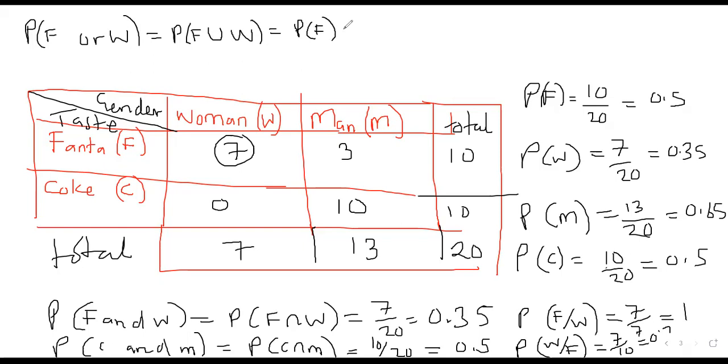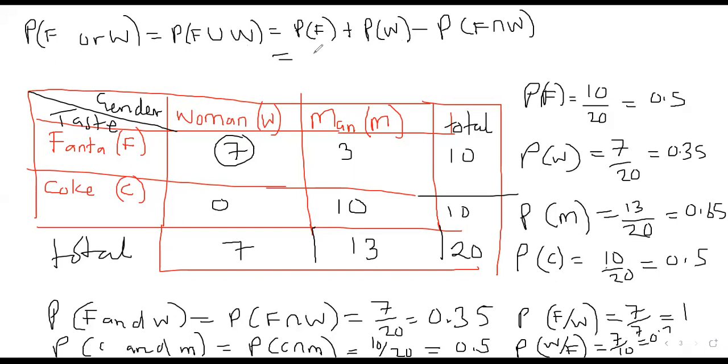Probability of F plus probability of what? Woman, minus what? Minus F intersection W. Very good.